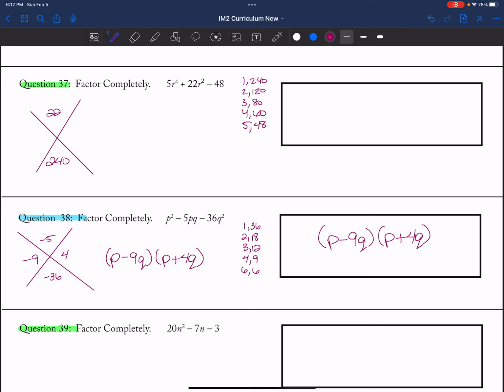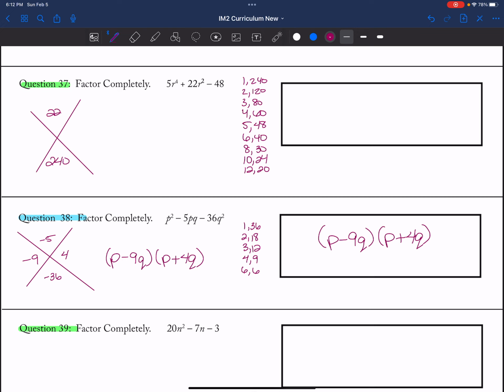Is that right? That's 20, 40. Yes. 6 and 40, 8 and 30, 10 and 24, 12 and 20.